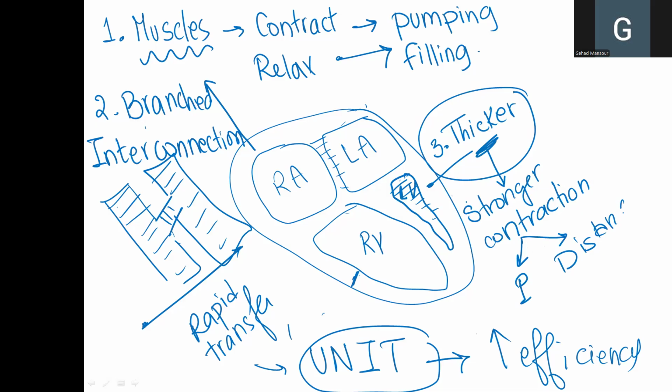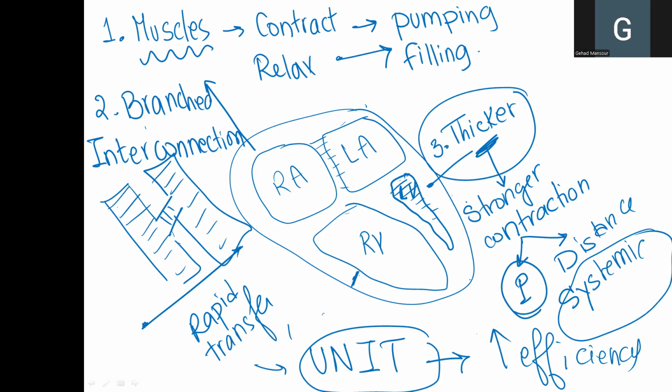The challenge of the pressure and distance are both present in the systemic circulation, which is the major circulation that spreads or distributes blood all over the body. The pressure is higher in the systemic circulation, being 120 millimeters mercury maximum systolic pressure obtained during systole and 80 during diastole.